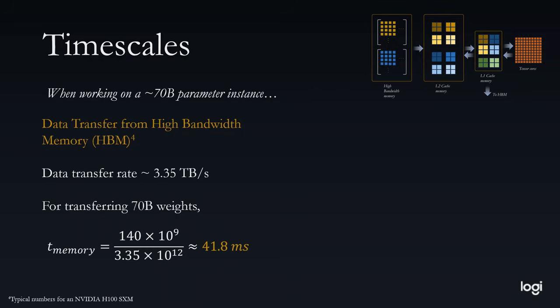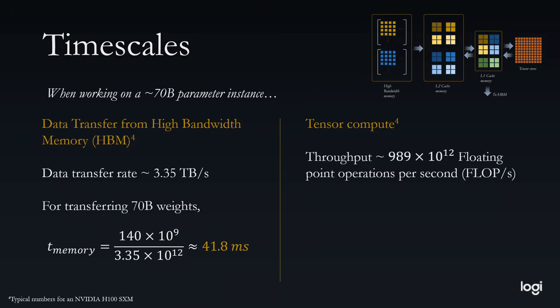So you load the whole matrix onto the memory. Now compare that to tensor compute. The tensor core has a throughput of 989 teraflops, and that corresponds to about 4.95 times 10 to the power 14 MAC operations per second, right?